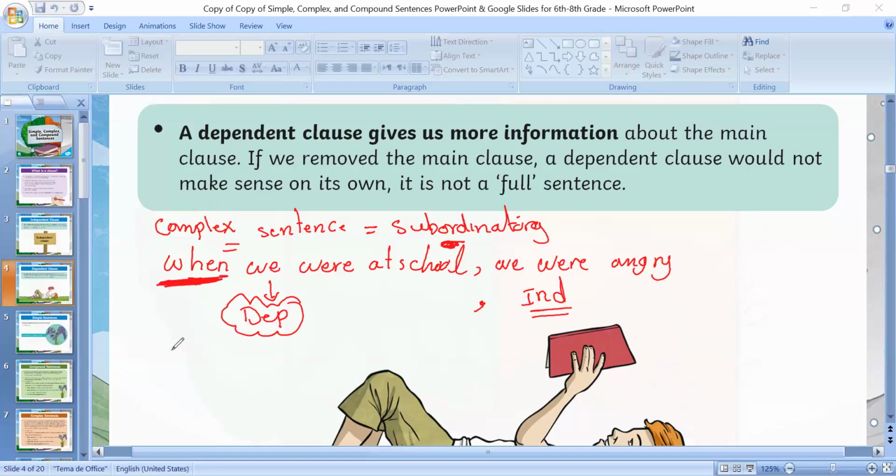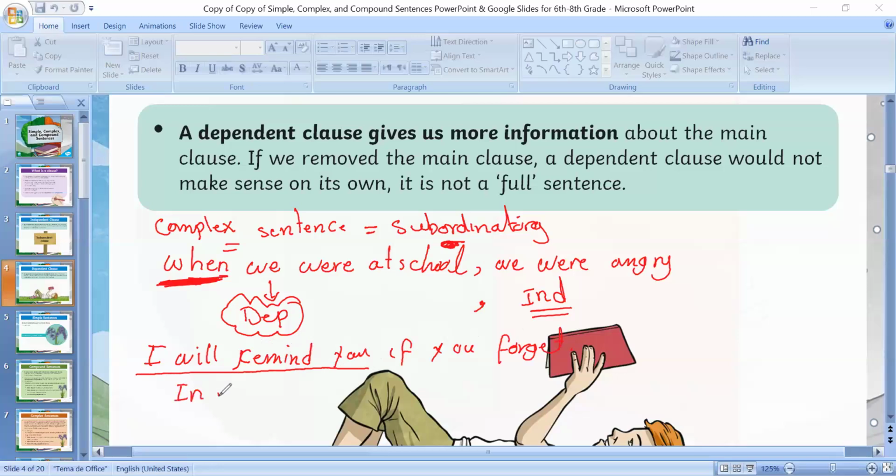Another sentence. If I said, I will remind you if you forget. I will remind you is an independent clause.